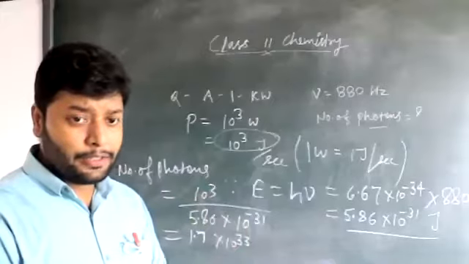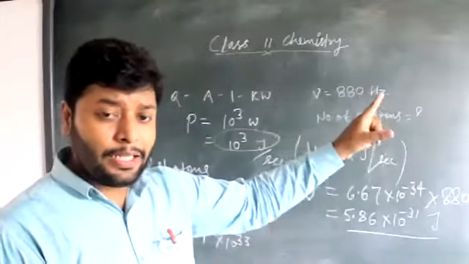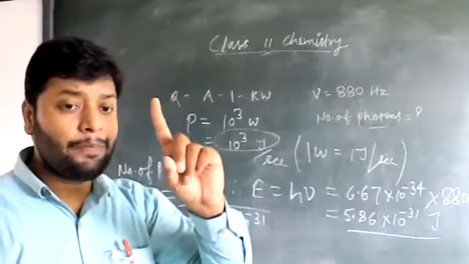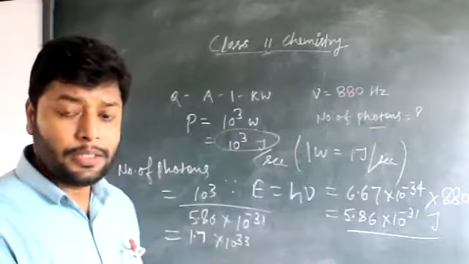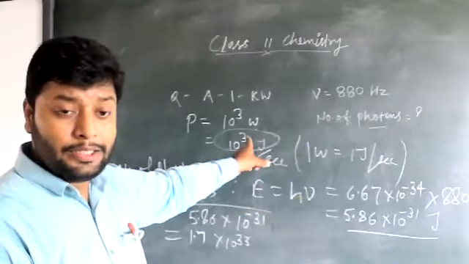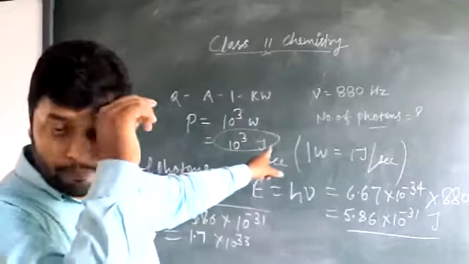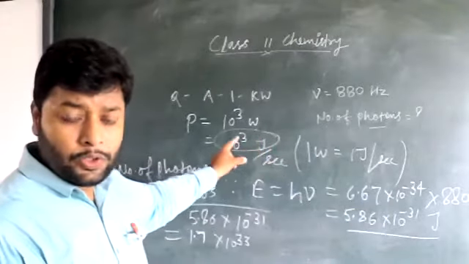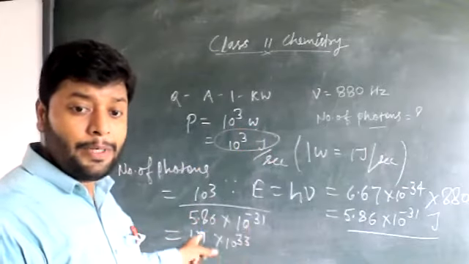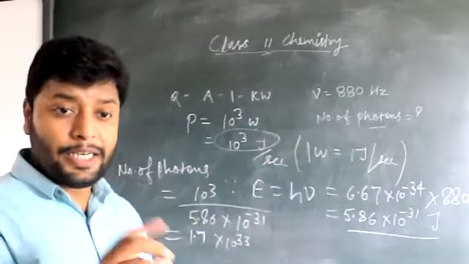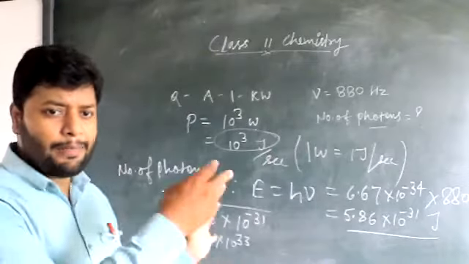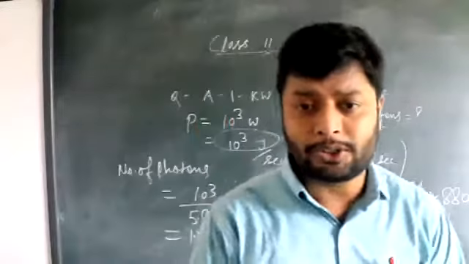Whenever the frequency is given, calculate the energy of one photon. The total power used means the total energy given. So divide total energy by the energy of one photon. That will give you the number of photons transmitted per second. This is all about the numerical question given in the books.